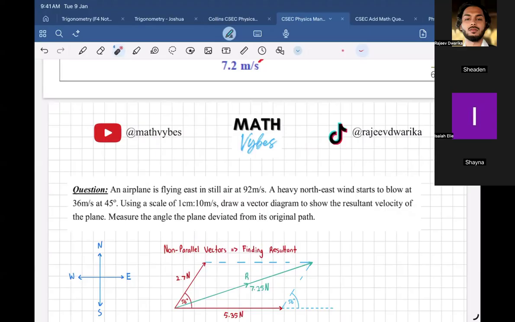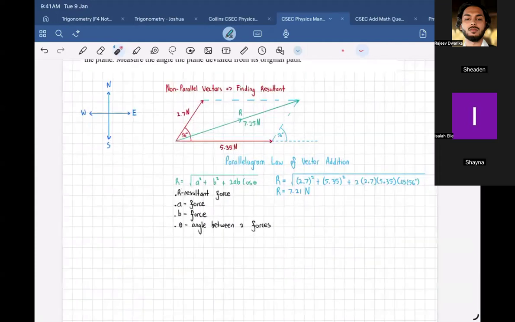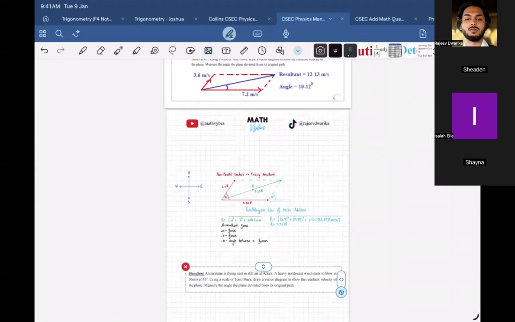In the resultant formula, you wouldn't put 3.6 something. You would simply put 92 and 36. You wouldn't put the 3.6 and the 9.2. You understand why, right? Because if you use any formula, you don't need to use our scale. So let's do the question now.